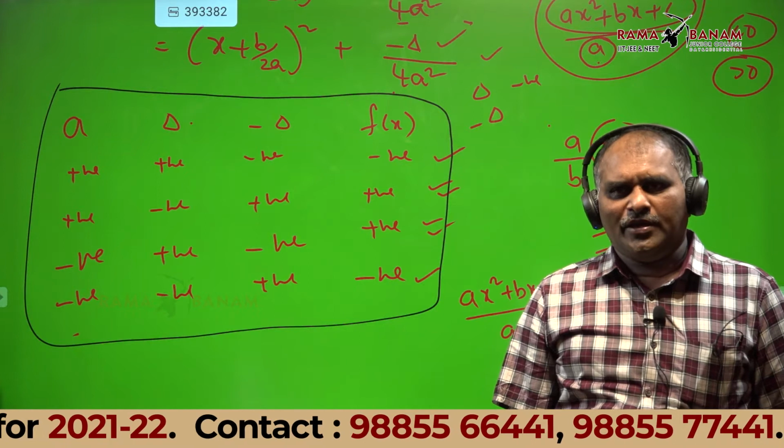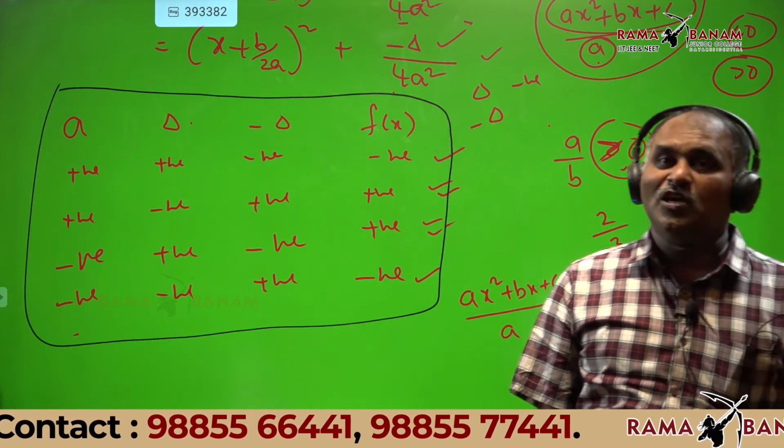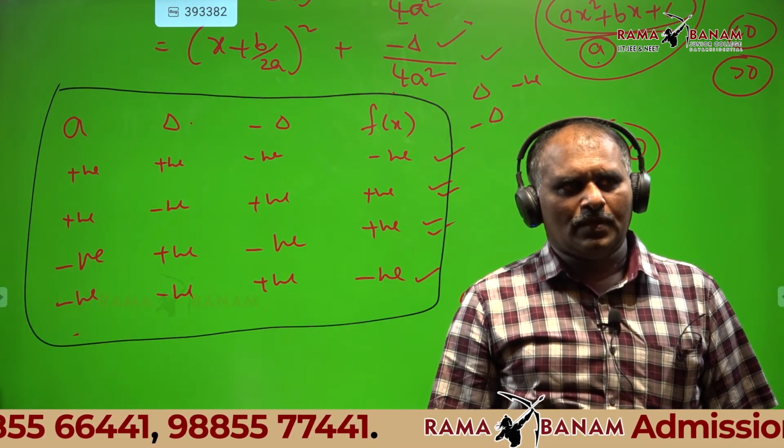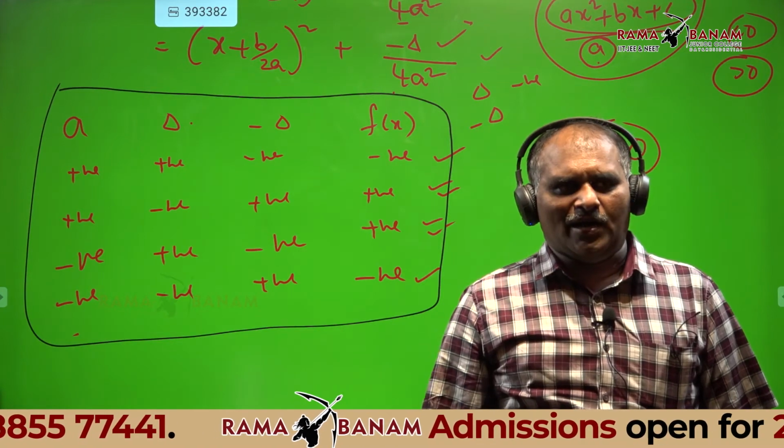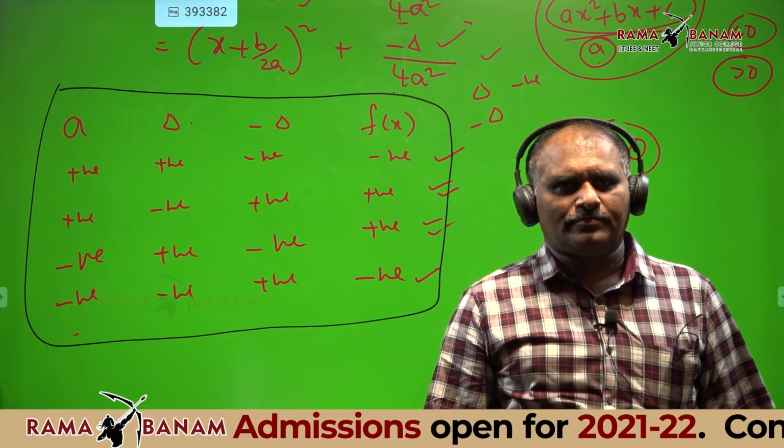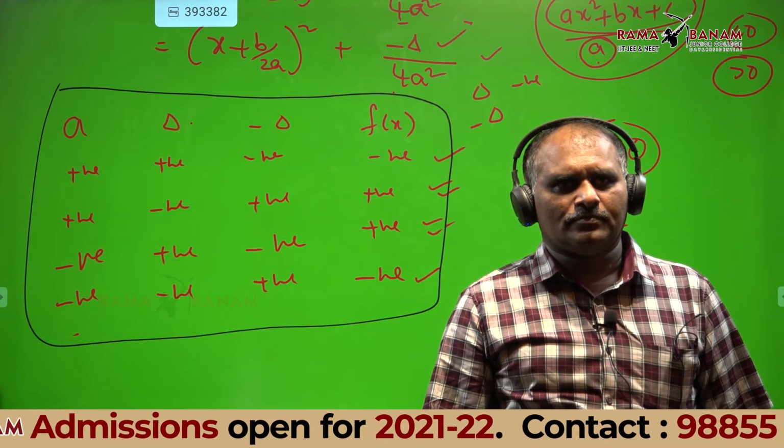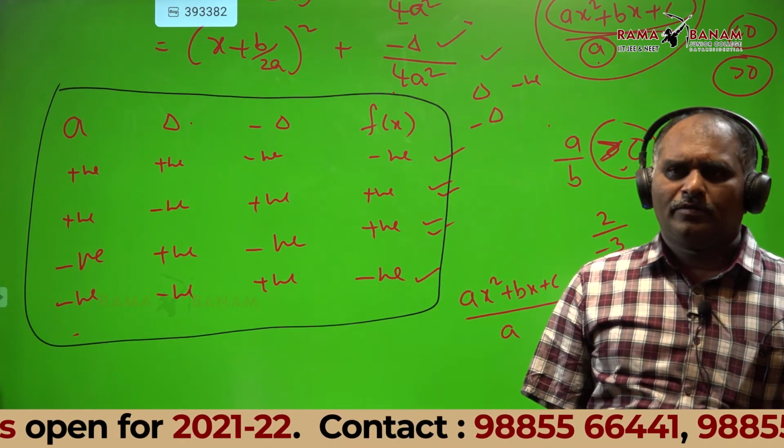Very good. A and delta have equal signs, either both negative or both positive.